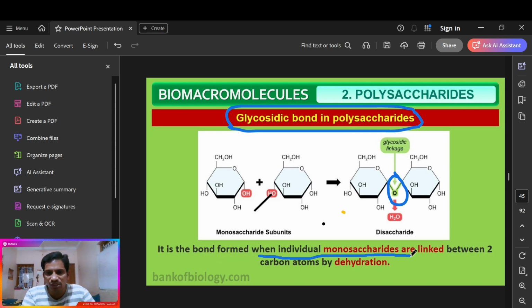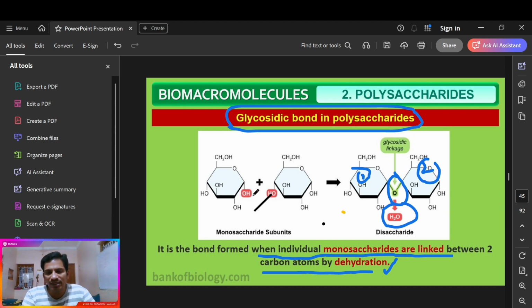Because of the dehydration, these two monosaccharides are linked through the carbon atoms. Here is the carbon atom, here is the carbon atom, and H2O is lost. Here is the OH, here is the OH; the oxygen remains and H2O is removed by dehydration. That bond is called a glycosidic bond, right?